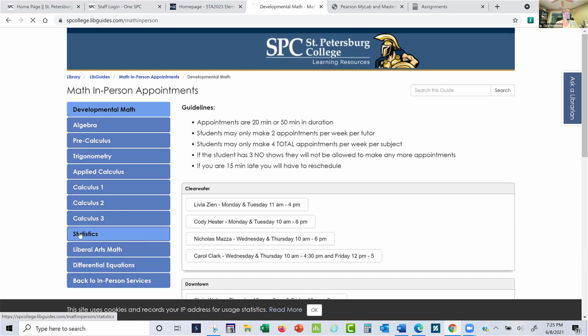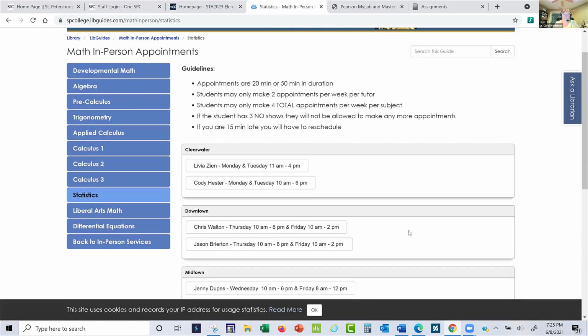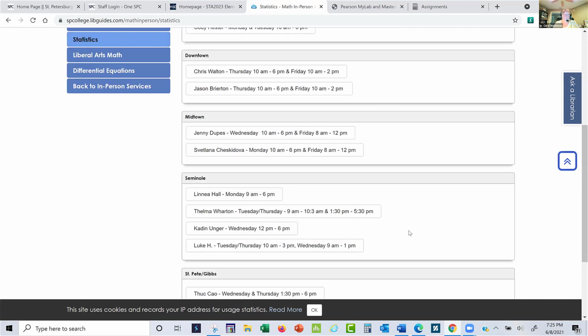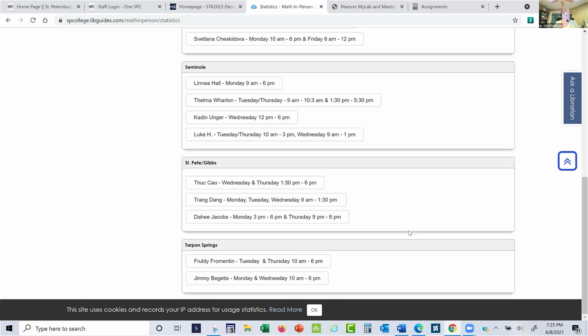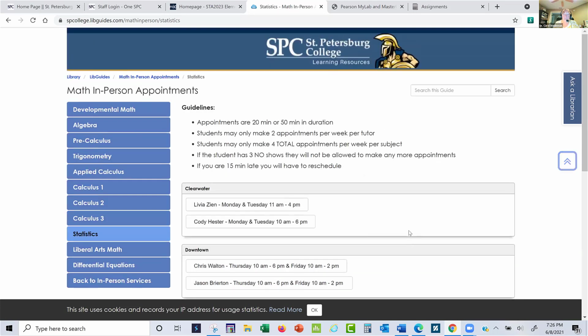Here's statistics. So there you go. There's lots of tutoring available for you if you want to use tutoring. And you can also ask me to set up a Zoom session with you. It's also a possibility.